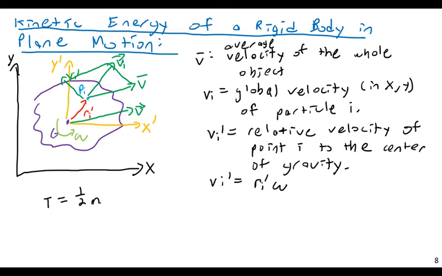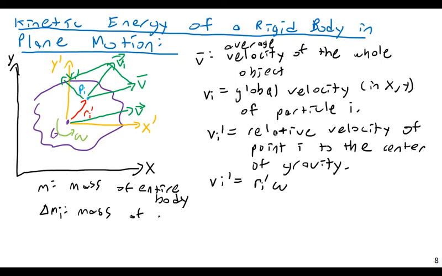So let's say m is the mass of the entire body, and delta mi is the mass of any given particle I.